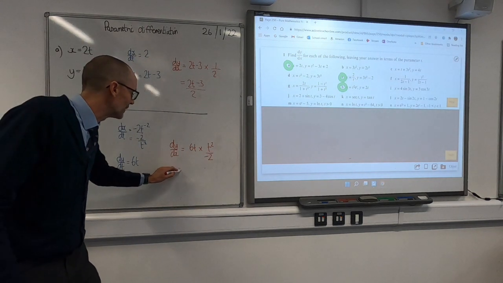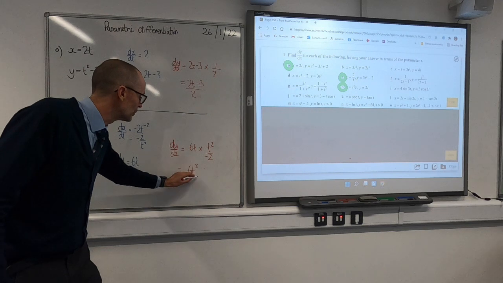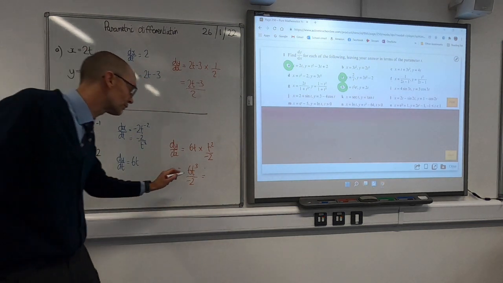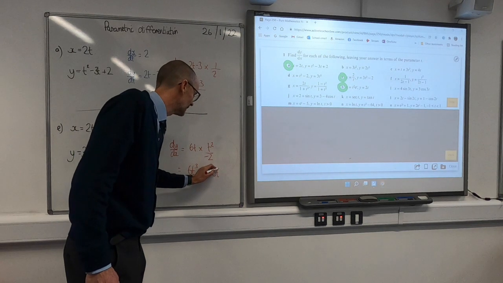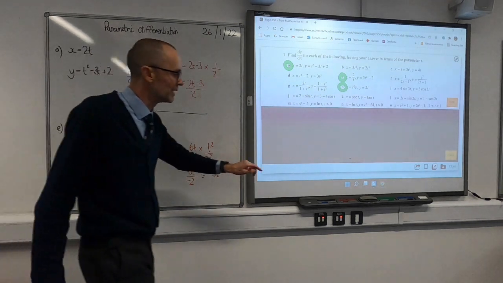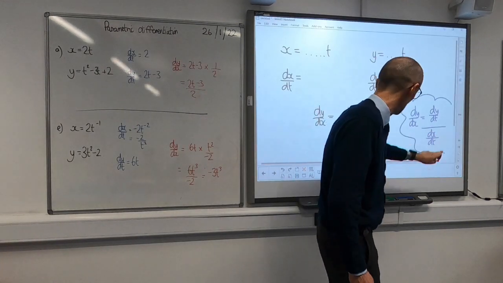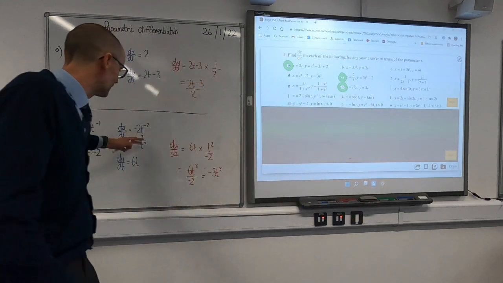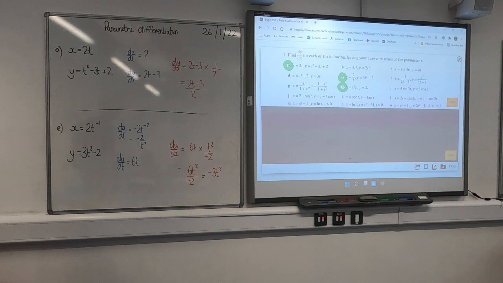So I end up with 6t cubed over minus 2, but 6 divided by minus 2 is minus 3, so I get minus 3t cubed. This is why I like doing it the multiplication way rather than the division way, which is the same thing, but it makes it nice and easy when your dx by dt is a fraction. You can just flip it easily.